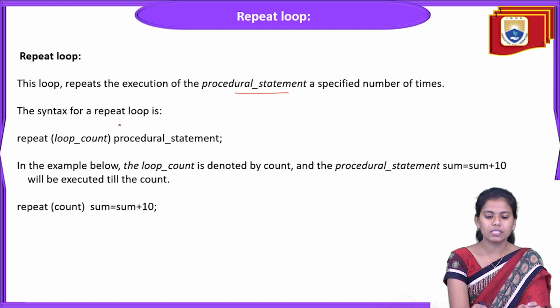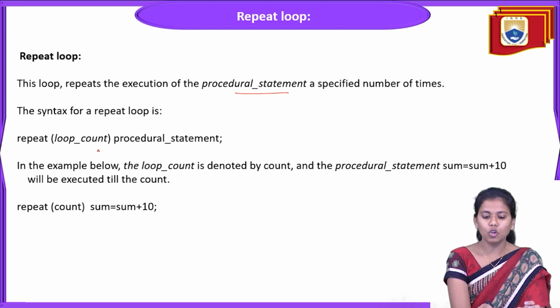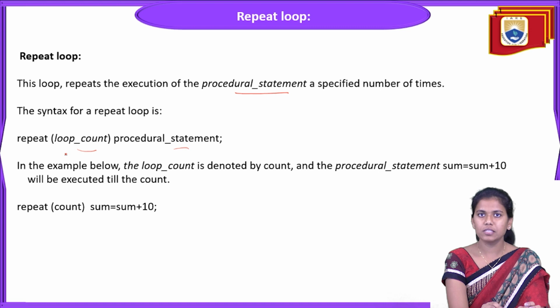So here the syntax for the repeat loop follows like this: repeat, loop count, procedural statements. It's very simple to remember. Repeat, loop count, followed by the statements, that is the procedural statement. So in the example below, the loop count is denoted by count.